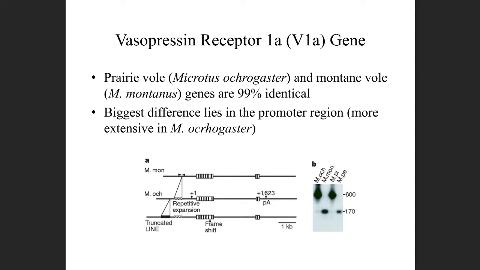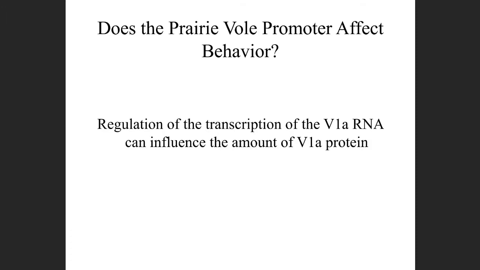So the genes don't differ, but the promoter region is larger. And so what you can do is take the prairie vole promoter region and put it into meadow voles, or put it into mice, and see what the effect of having the different promoter is.